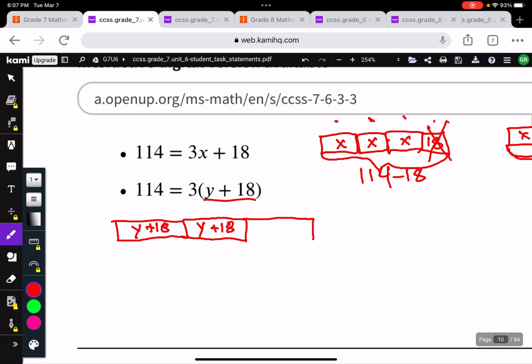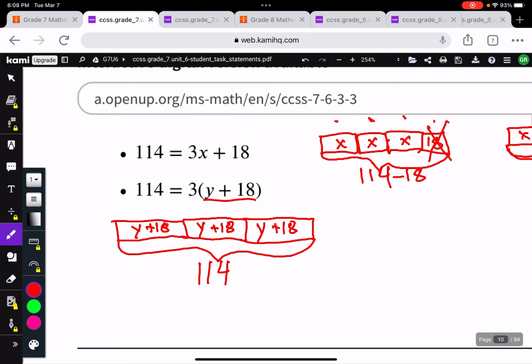And I've got a y plus 18. 3 of those. That's equal to 114. So, how are we going to solve this now? 3 of those is equal to 114.